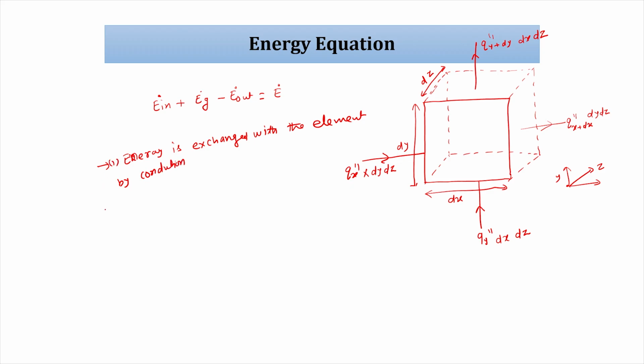And what is another way? Let us assume one example. Even if you take a solid, your hand, there is a flame and you are moving. If your flame is fixed and you are moving very slow, what will happen?